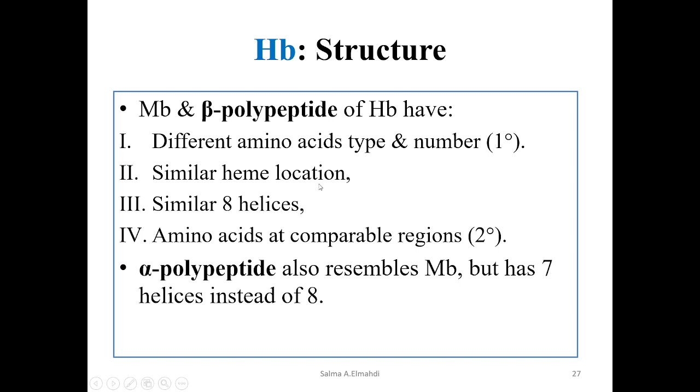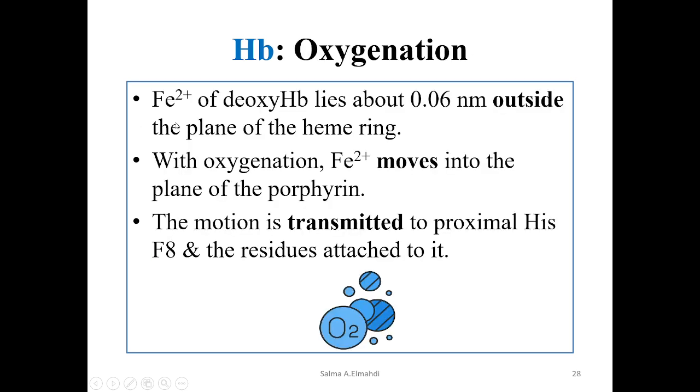However, they have similar heme location, they have similar alpha helices, and their amino acids are almost comparable, so they have an almost similar secondary structure. The alpha polypeptide also resembles myoglobin but has 7 helices instead of 8.